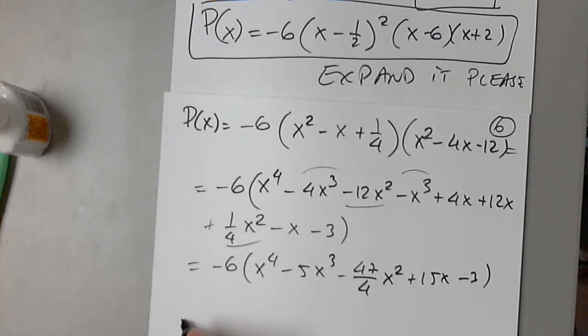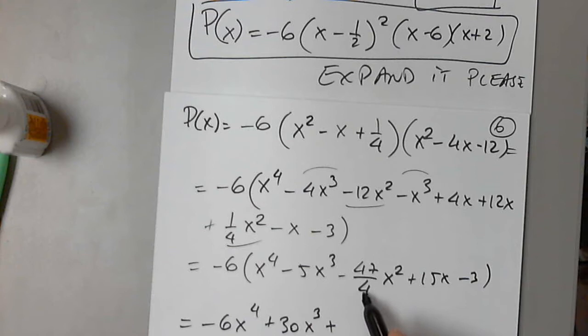And finally, I distribute negative 6. So it'll be over 2. It'll be positive 141. Correct my numbers, please. And minus 80x and plus 18.